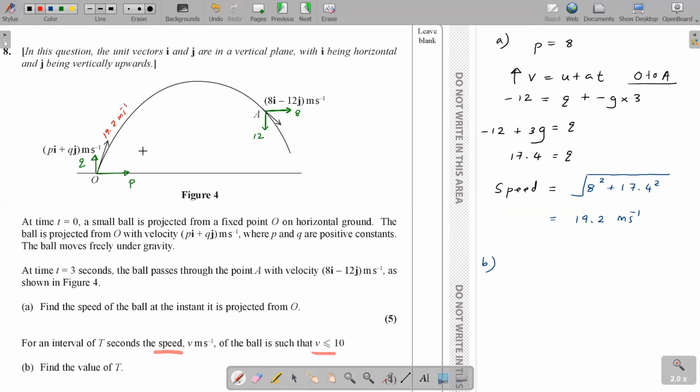So when you are moving up, is your speed increasing or decreasing? The speed is decreasing because you are moving up against gravity. There comes a point in your path where the speed comes to 10, the resultant.